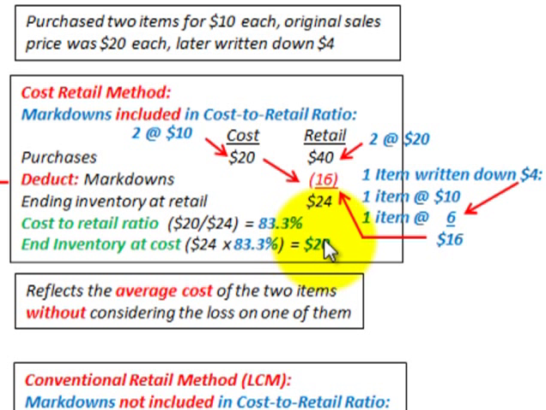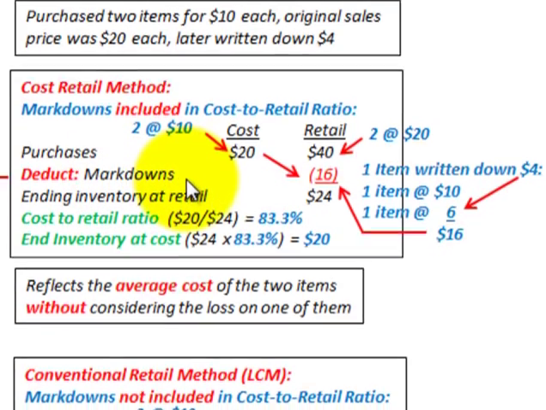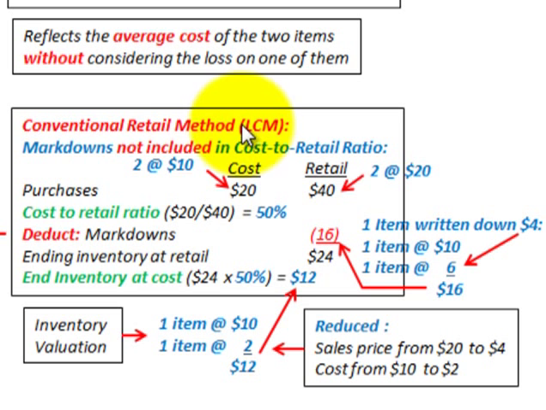The cost method is where we calculate our cost to retail ratio after we deduct the markdowns, whereas in the conventional retail method, we calculate our cost to retail ratio before we deduct our markdowns. So that's the basic difference here, just going through an example showing how they would fall out in terms of numbers.